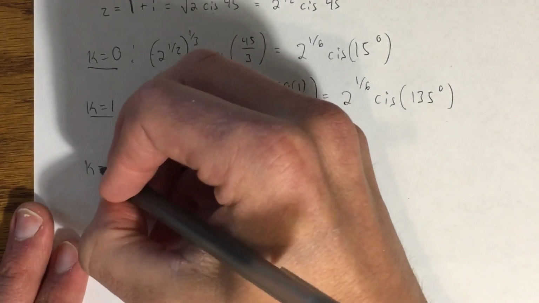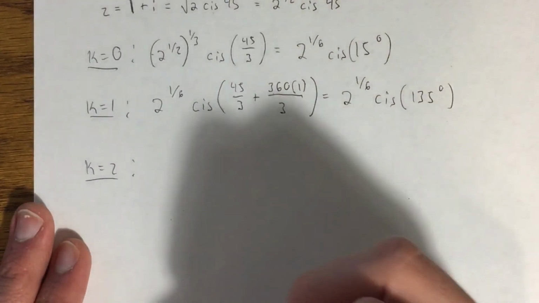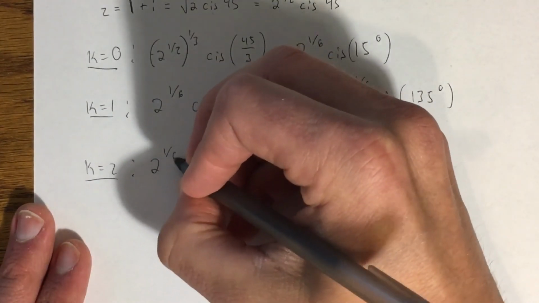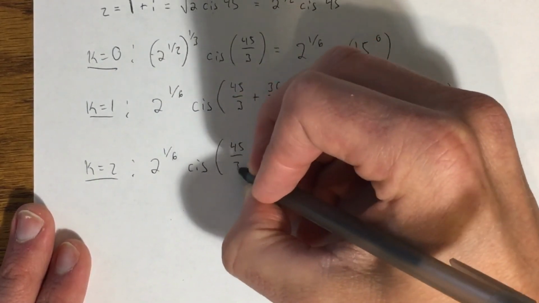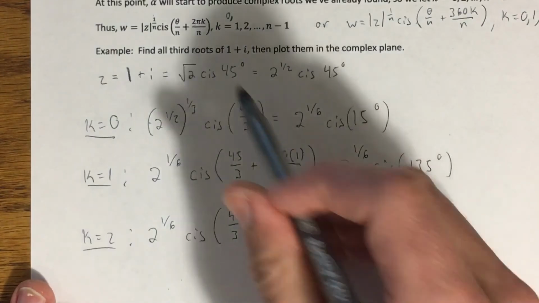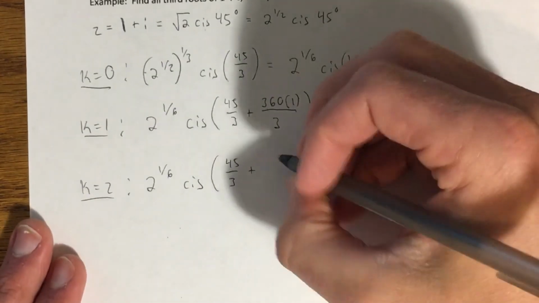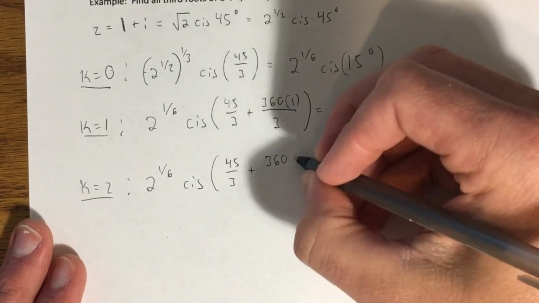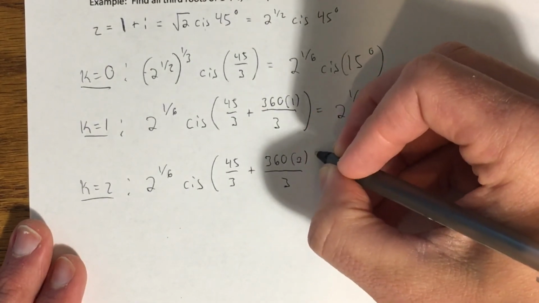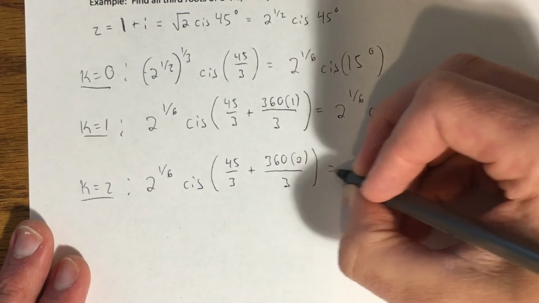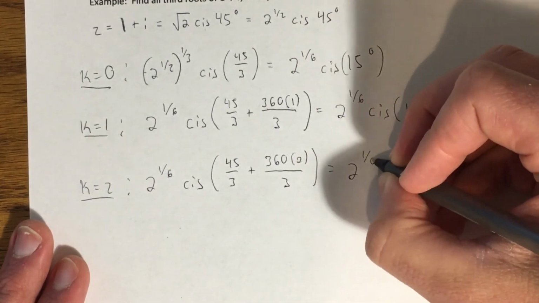Finally, k equals 2. If I do the same thing, 45 over 3 plus, now we're plugging a 2 in for the k up here. It becomes 360 times 2 over 3, which is 2 to the 1/6 power cis of.